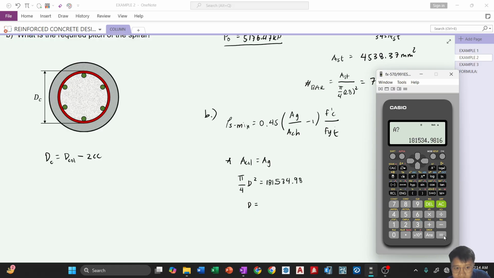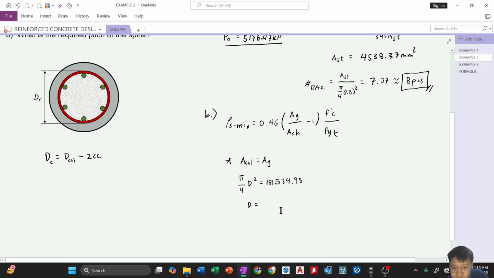So, we calculate what is the diameter. 480.77 mm. Okay? So, ayaw naman natin yung may butal, no? So, we round this to, pinaka-nearest na ay 485 mm. Okay? So, by 5 mm yung rounding natin. So, this will be our diameter of the concrete. Ito na yung i-adapt natin na area or diameter ng ating concrete column.